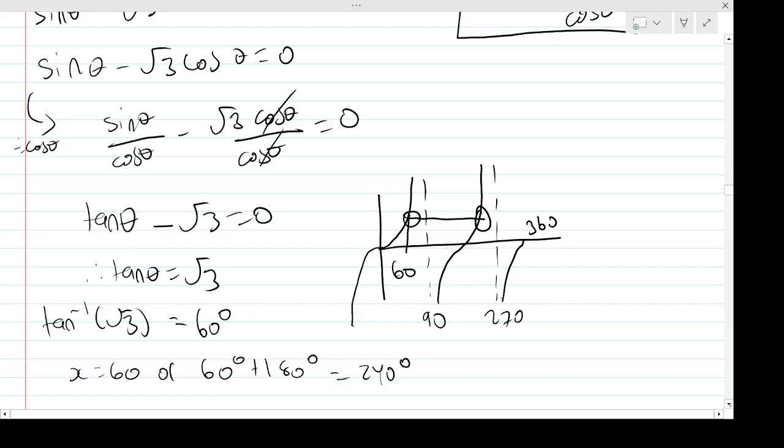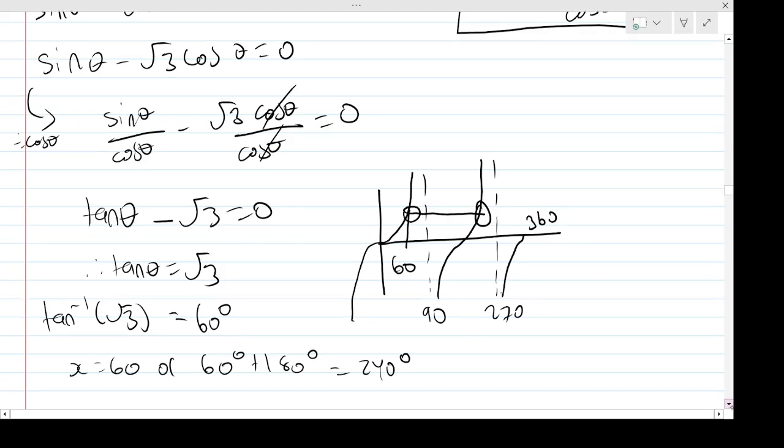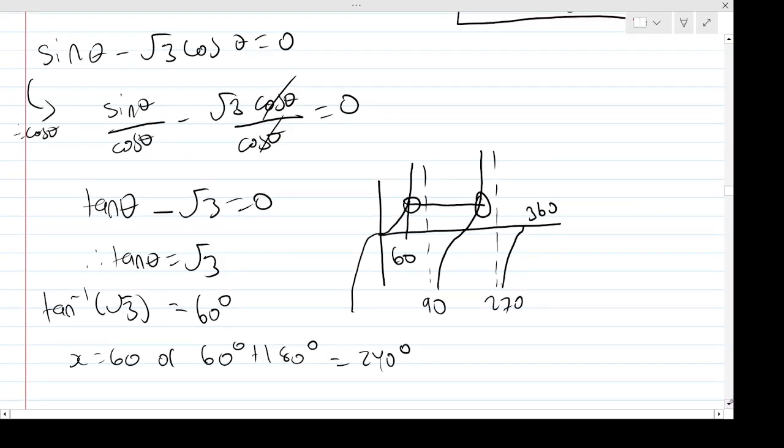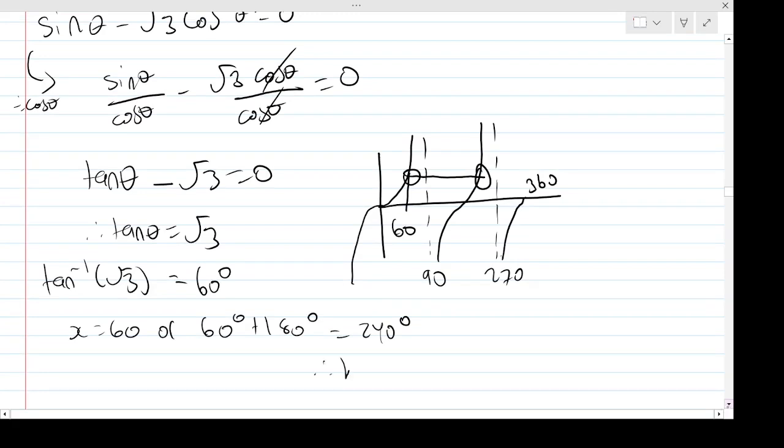And between 0 and 360, those are the only two solutions when tan theta is equal to root 3. So between 0 and 360, x is 60 and 240 degrees. Those are the two possible solutions.